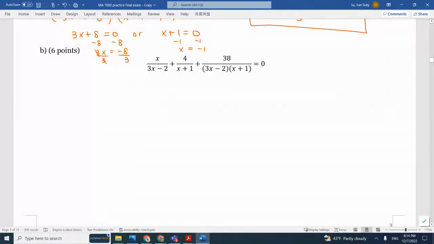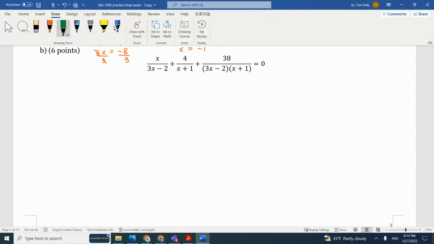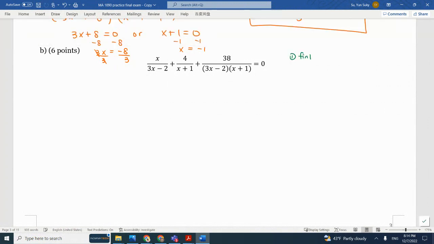Okay, problem part B. Okay, so this is equations involving rational expressions. So the first thing we do is find the LCD, least common denominator. Yes, least common denominator. In this case, you see the first term, the denominator is 3x minus 2.